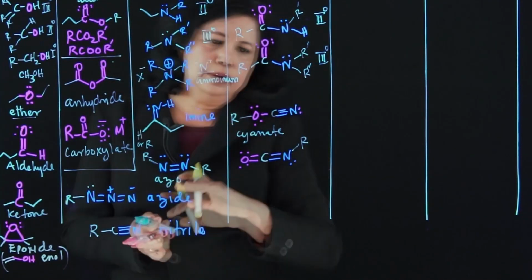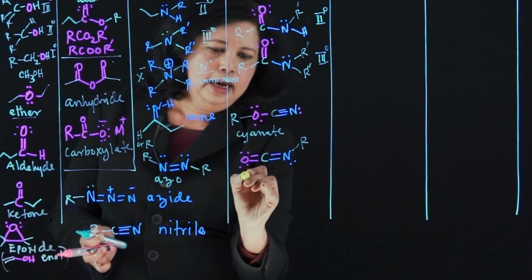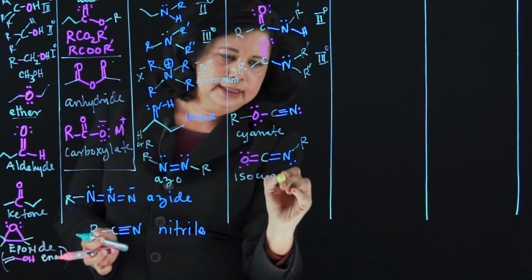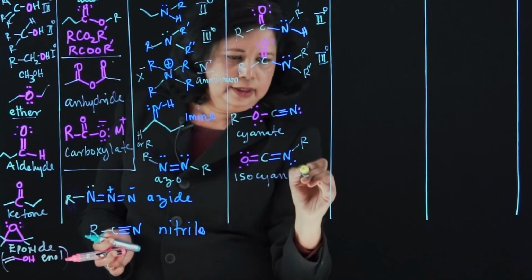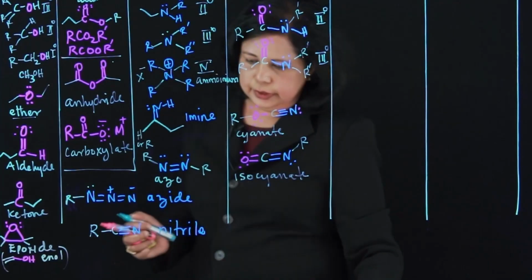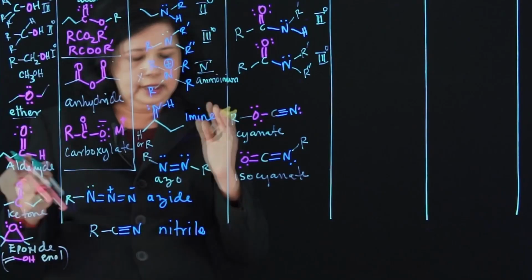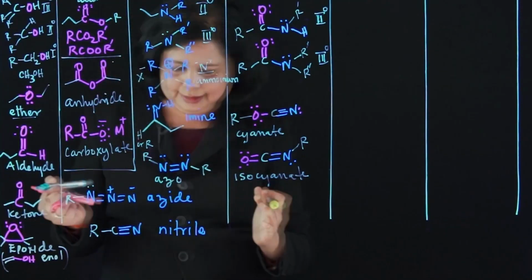This is isocyanate because it's just these 3 atoms switched around. Isocyanate. And you will see this with DCC and other reagents that we're going to see later on. So this is just oxygen and nitrogen combined.